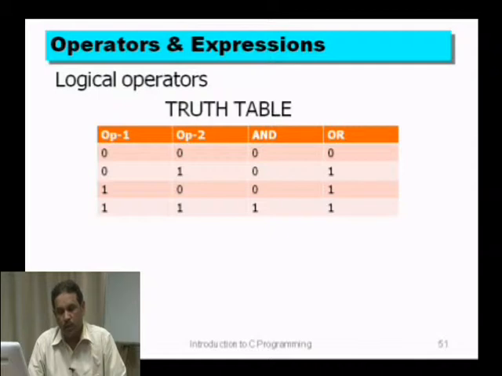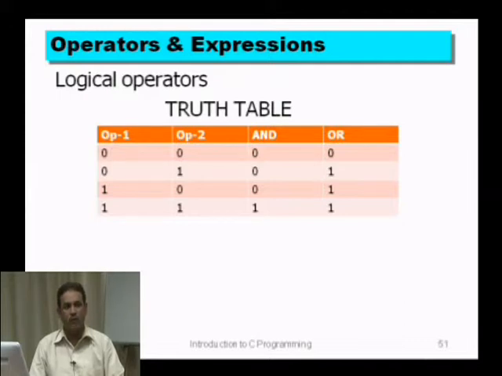If both are 1, then the output is 1. This indicates that only when both operands are true is the output of the AND gate true. If any one of the operands evaluates to false or 0, the entire expression becomes false. That is the output of the AND gate. Is it clear?